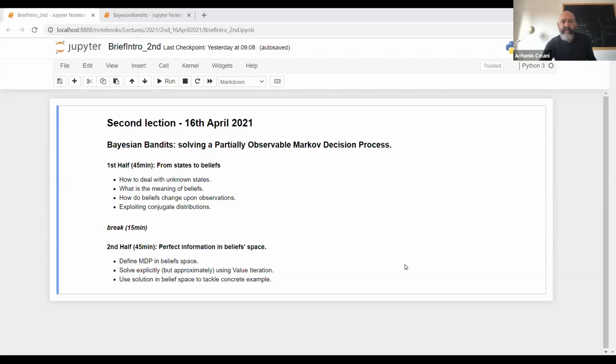Okay, perfect. So thanks for being here in the introduction. Today, as we just saw, we will deal with the two-arm bandits in the case of partially observable systems. I've split the lecture in two, but the timing is completely random, in the sense that we will have a break in the middle, but I'm not sure when this middle will be.